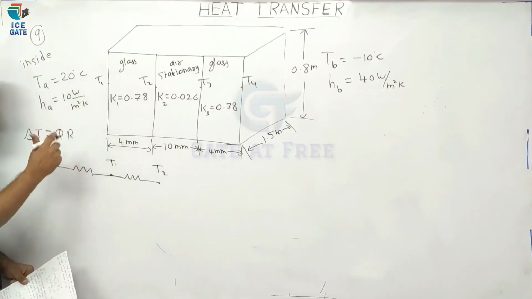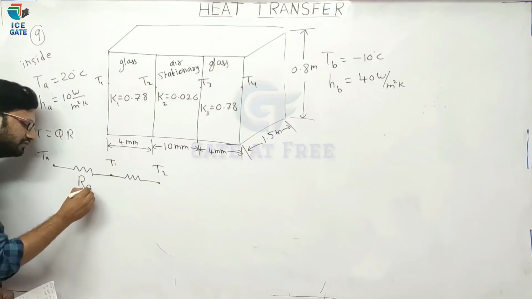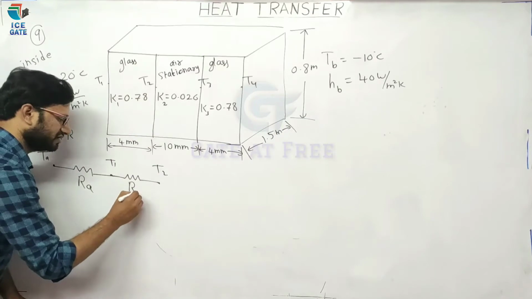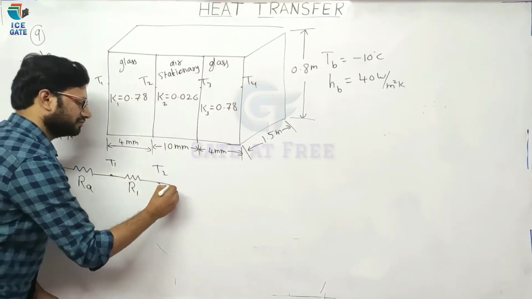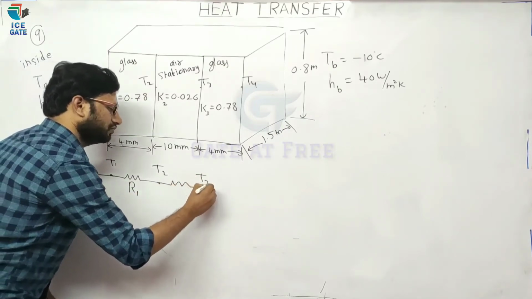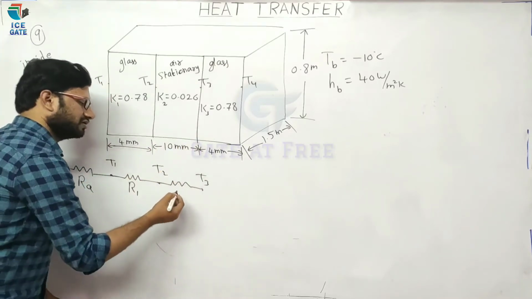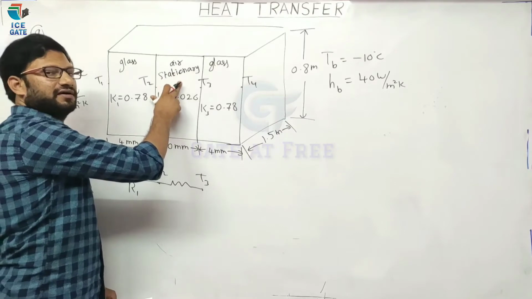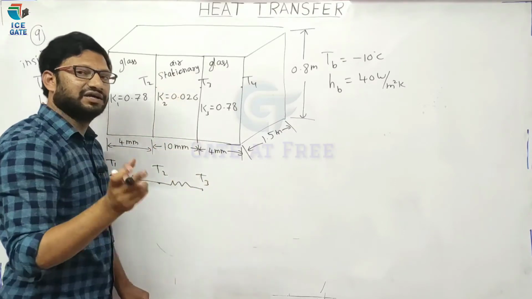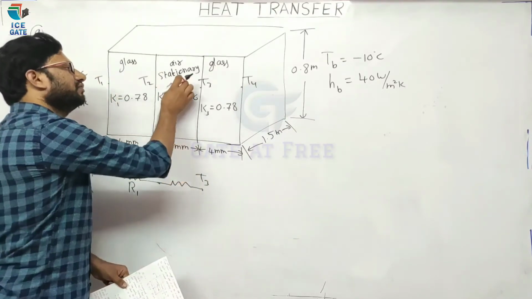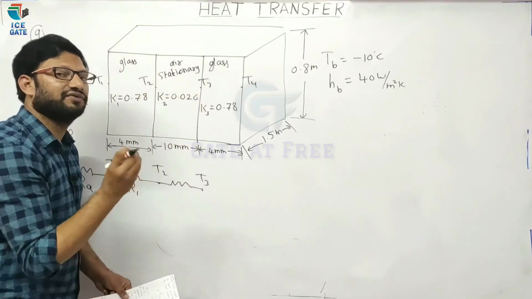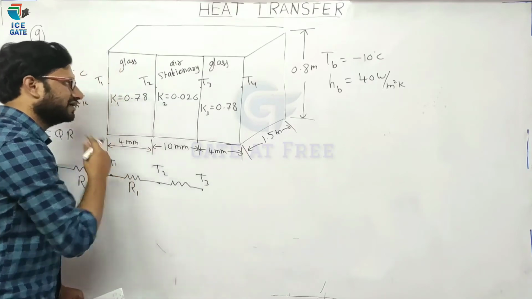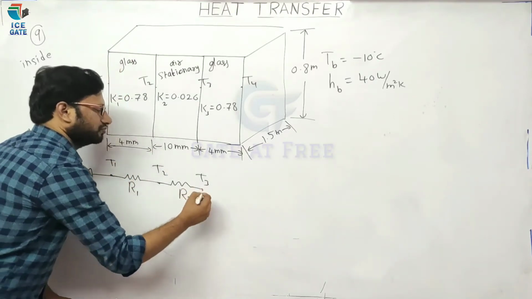Then the type of resistance is convective resistance. Now from T1 to T2, it is conductive resistance R1. From T2 to T3, this is also conductive resistance, as the fluid is stationary, R2.